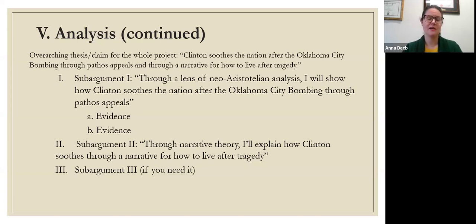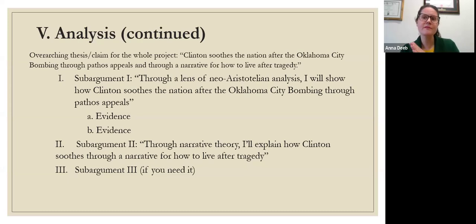Okay. And I would defend that claim through a couple of sub-arguments. So coming to sub-argument 1, I would use Neo-Aristotelian analysis, which helps us do an analysis of speeches. It's a classic form to examine speeches. So through a lens of neo-Aristotelian analysis, I will show how Clinton soothes the nation after the Oklahoma City bombing through pathos appeals.